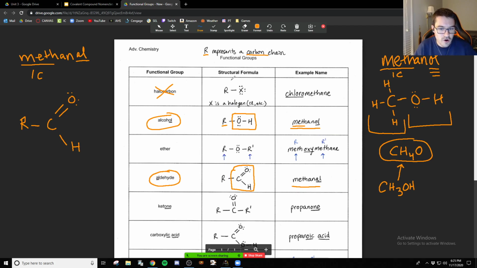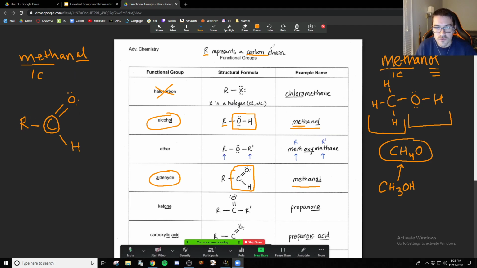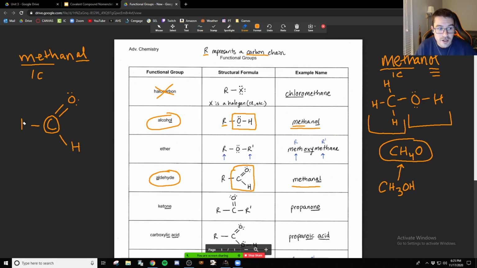Usually, it represents a carbon chain, unless you're working with a really, really small molecule like methanal, okay? Methanal has one total carbon. This is your carbon right here. You're not allowed to have any more carbons. If you had another carbon here, that would be ethanal, right? So for methanal, this R actually just represents a hydrogen, okay?